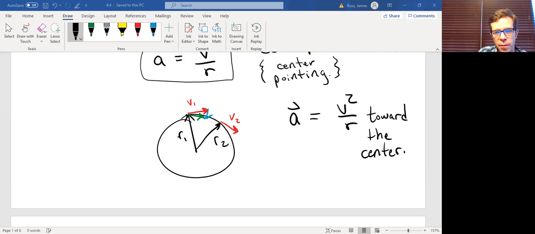So person B observes person C moving at 2 meters per second. All right, who's right? They're both right. So what this comes down to is just frame of reference.